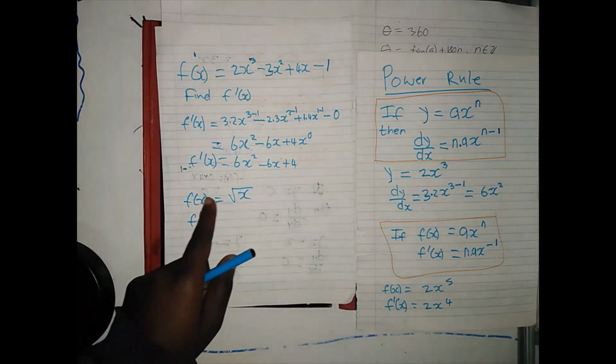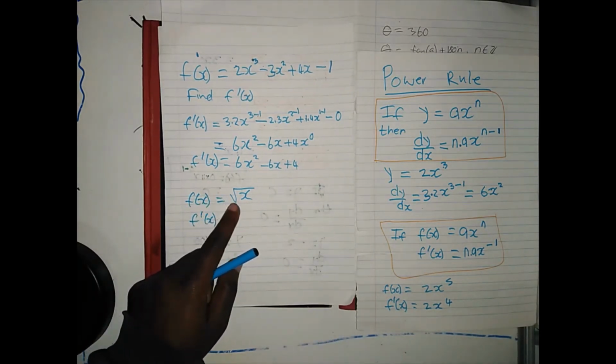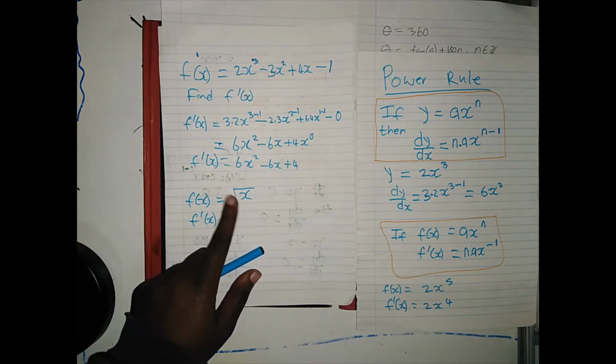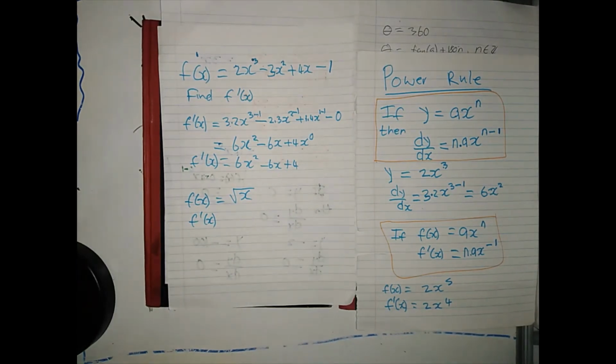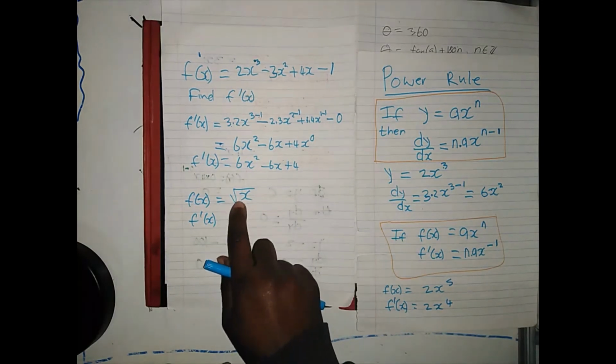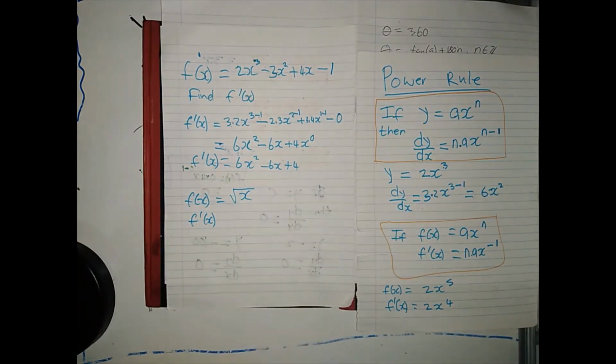Ladies and gentlemen, remember the only tool that we have now to find a derivative is the power rule. Because it's a power rule, I will have to make this something that has a power.